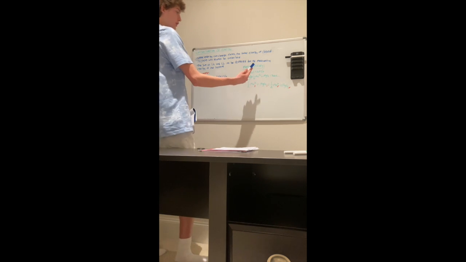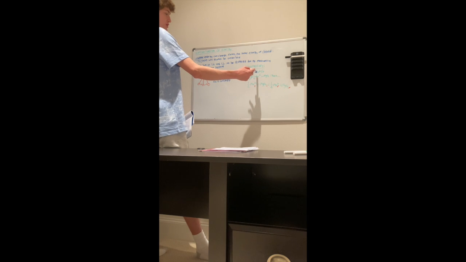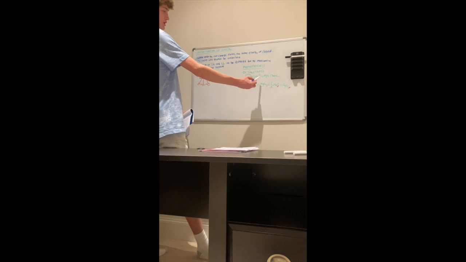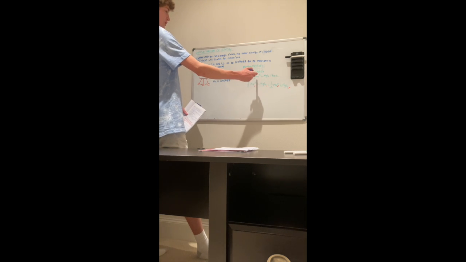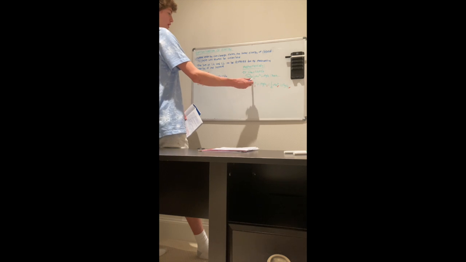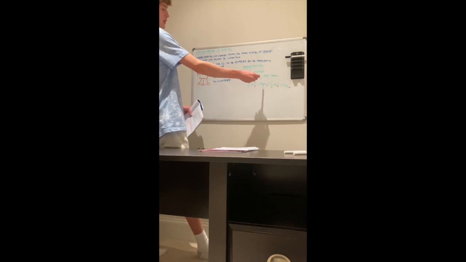So if the mechanical energy equals the sum of potential plus kinetic, we can use these expressions to represent this scenario. It would be 1/2 mass times velocity squared plus gravity times height.